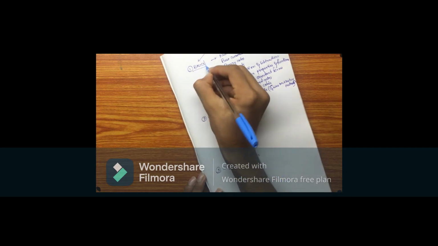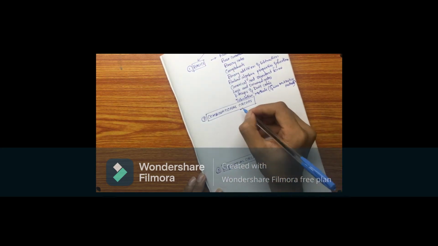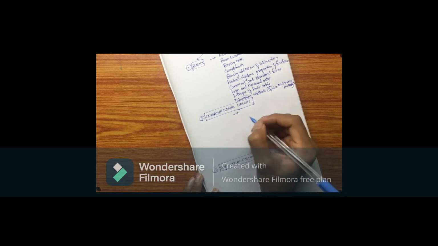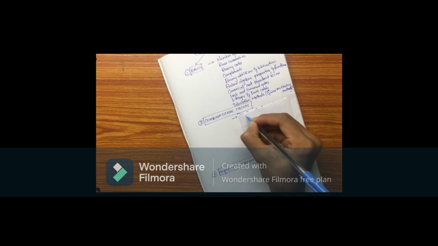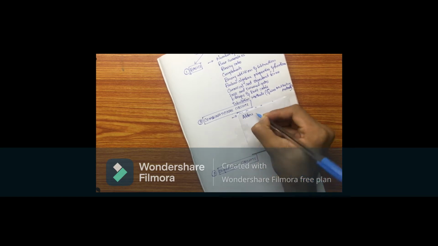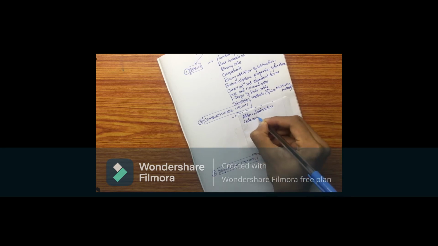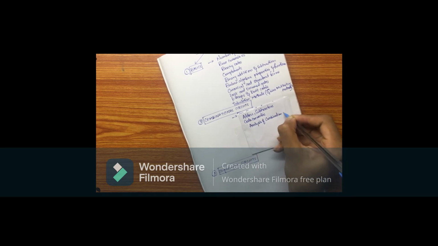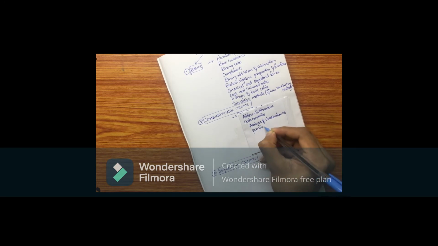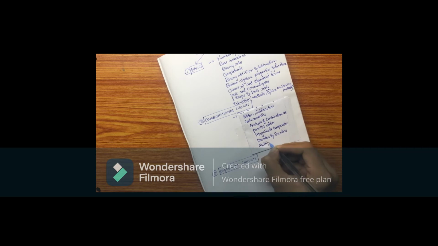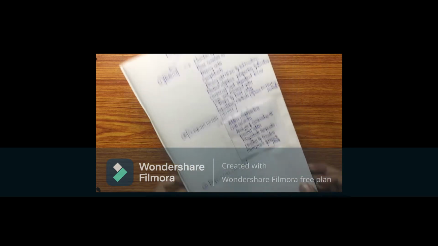Then in combinational circuits we are going to see adders, subtractors, code converters, analysis of combinational circuit, parallel adder, magnitude comparator, decoders, encoders, multiplexers and demultiplexers.